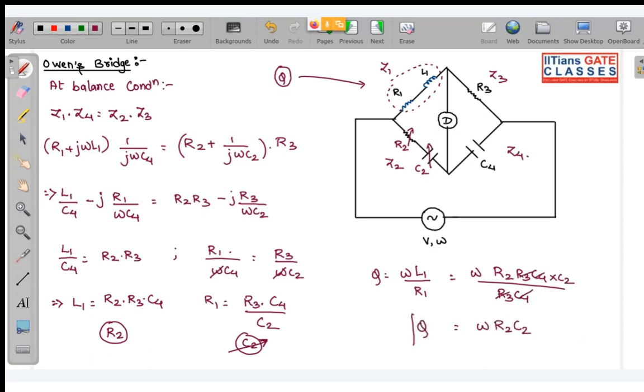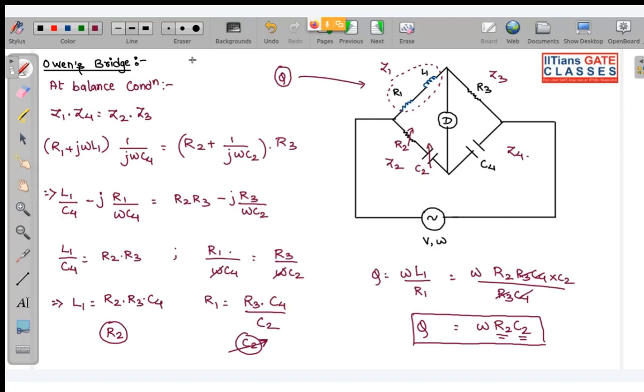So you can see, if I want to calculate the quality factor, then I need to vary both R2 and C2. Without varying both, I cannot do so. Quality factor can be determined by varying both R2 and C2, whereas the bridge I can nearly converge by varying just R2 also. Okay. So tell me, is it clear?